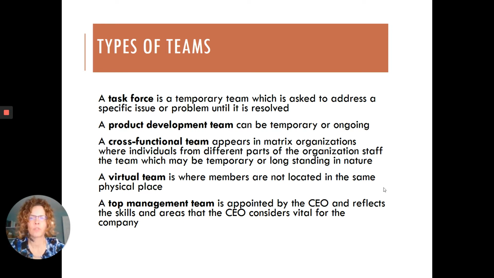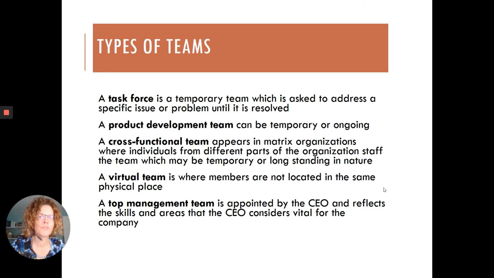A cross-functional team appears in what are called matrix organizations. Don't get too hung up on that phrasing right now. Basically, all that means is that people are part of a functional department. So they're in accounting, or they're in IT, they're in marketing, they're in production. And then they're asked to also serve on, let's say, a project team or a process team.